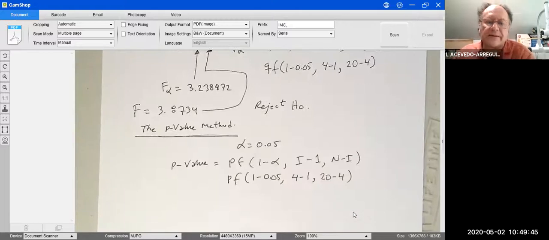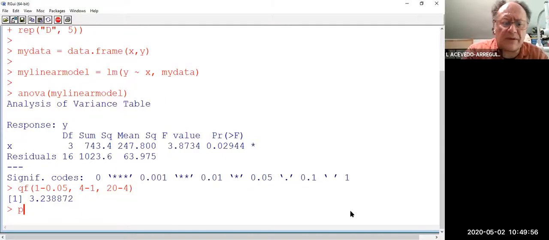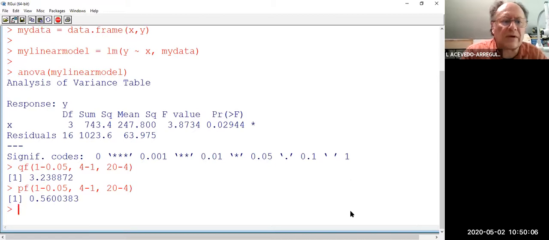So let's enter this information into R now and see what happens. So R is here. So I'm going to type PF of 1 minus 0.05, 4 minus 1, 20 minus 4. So we're going to find a value.